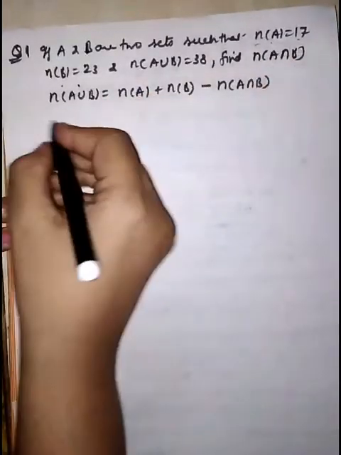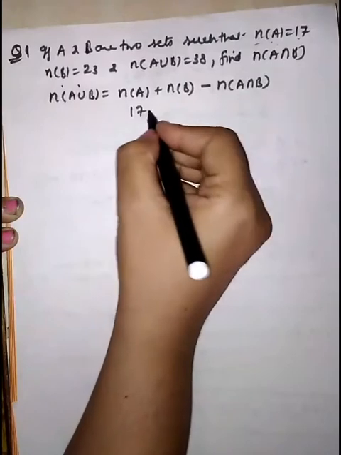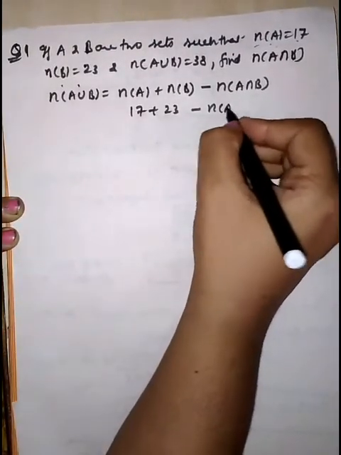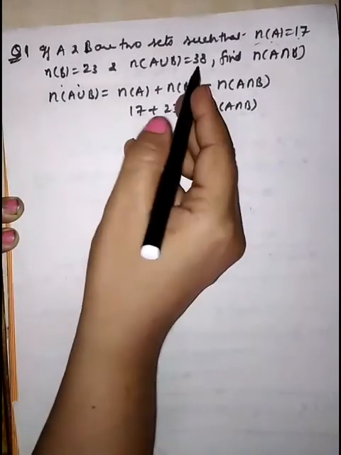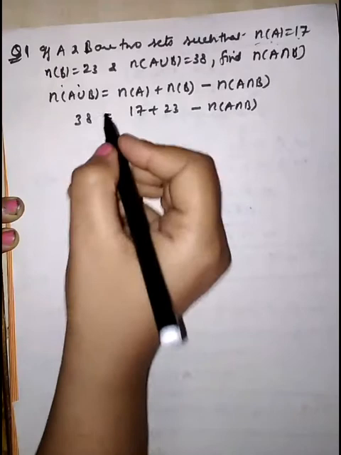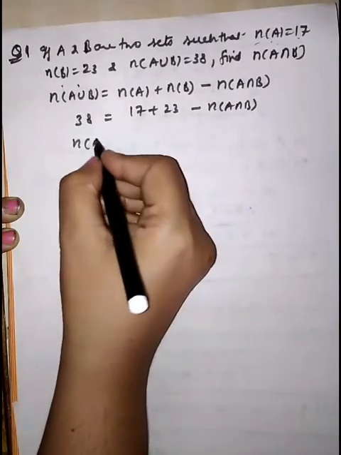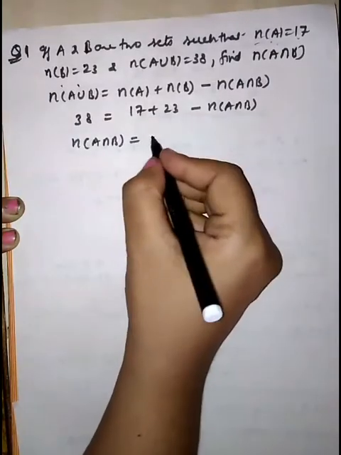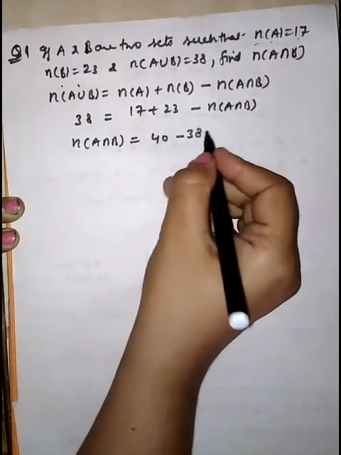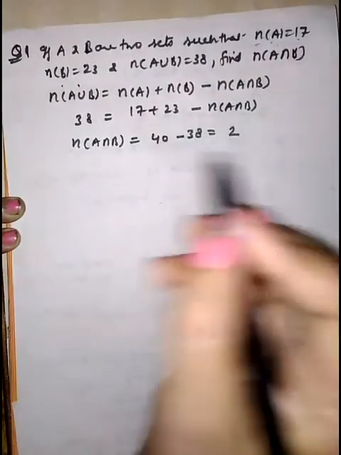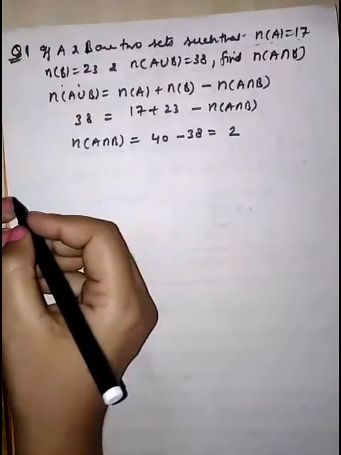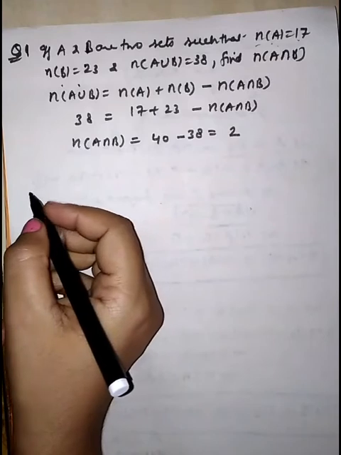Put all the values here: 17 plus 23 minus n(A intersection B), which we can take as it is, and this value given is 38. Now solving this, n(A intersection B) is 40 minus 38, which comes to 2. So the number of elements of A intersection B is 2. So this is the example.